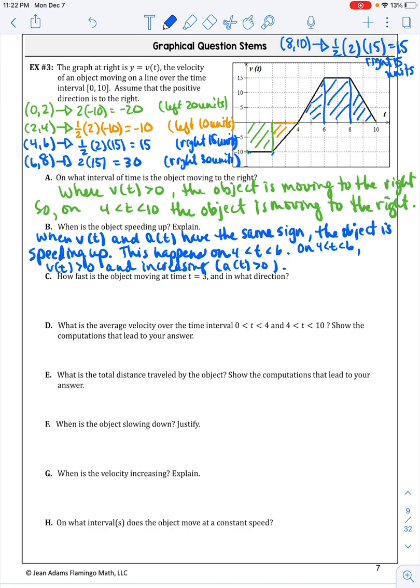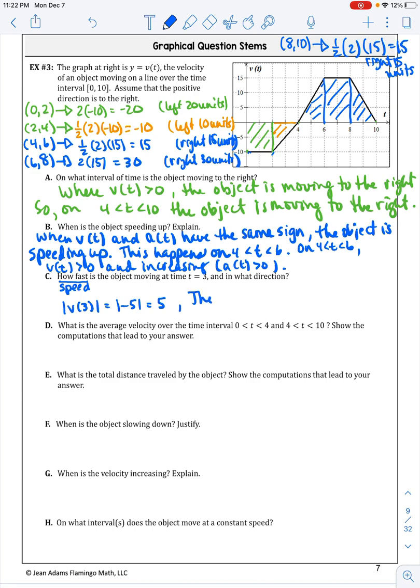How fast is the object moving at time t equals 3 and in what direction? So how fast means what is the speed, and that is the absolute value of velocity at 3. So this is the absolute value of -5, which is 5. That is our speed.